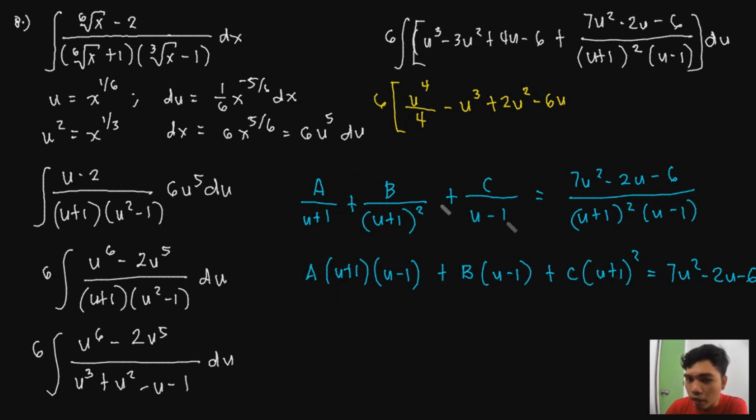Again, it's just this expression first. You divide this by the divisor of the denominator of that particular term. And then you multiply this by any factor na natira. So, unahin natin ito, u plus 1 squared and then u minus 1. So, diba yung isang u plus 1 is maka-cancel out kasi dito yung dinivide mo.